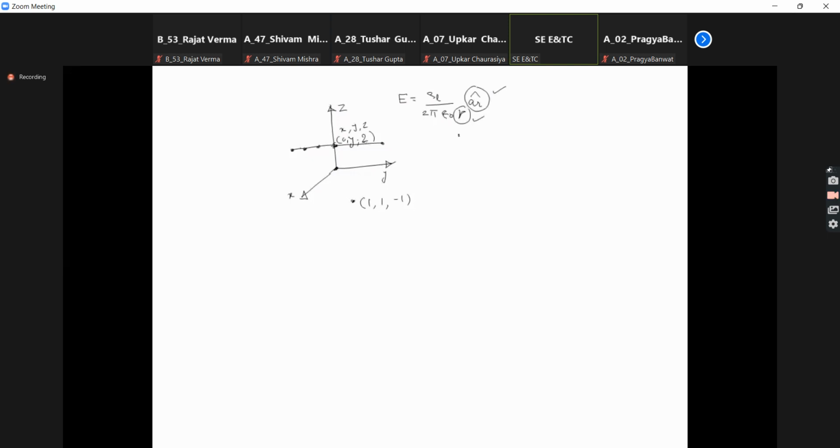So this R is what? Perpendicular distance. Okay, perpendicular distance joining your destination point, that is what? 1, 1, -1, and a line.